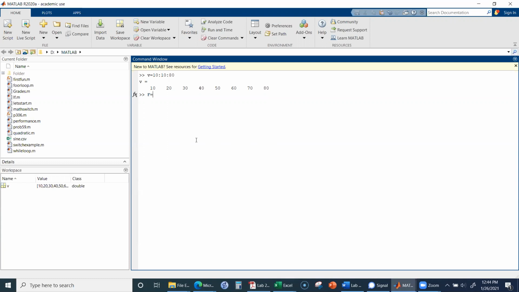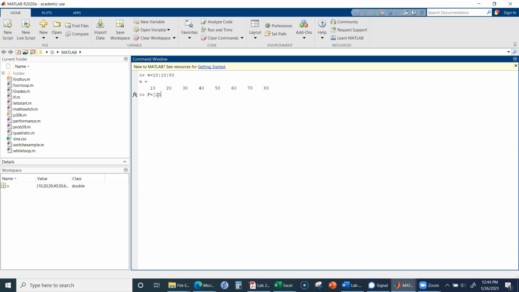now the force I will put as a matrix. So I will put the square brackets. Here for the colon operator, you don't need to put the square brackets, but if we are creating the data manually, then you will need to put the square brackets.